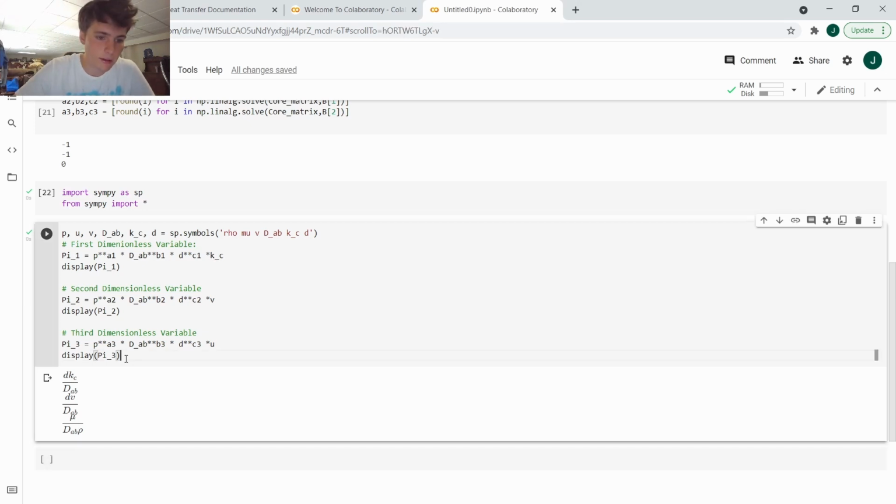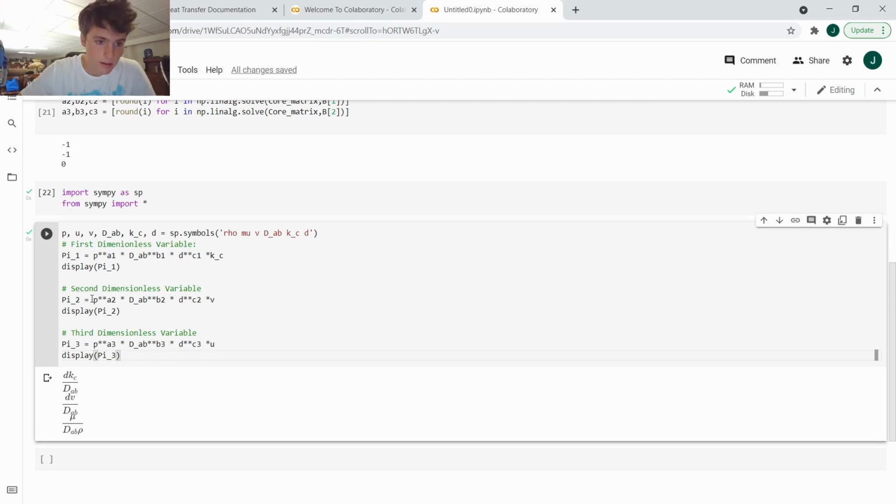No, okay, sorry. This third one is the Schmidt number, and the second one with the velocity d v over dAB is the Peclet number. Yeah, we had Peclet equals velocity times d over dAB.